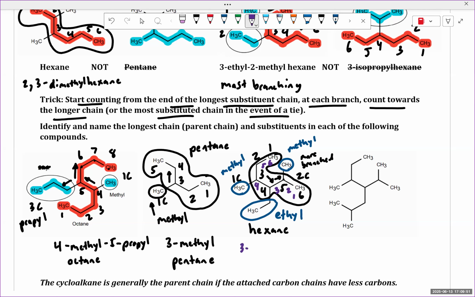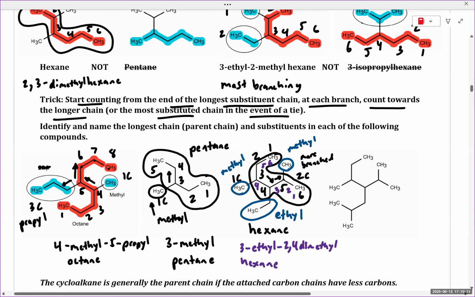So in this case, this would be 3-ethyl, 2,4-dimethyl hexane. For now, you just need to be able to identify the longest chain and name your substituents.